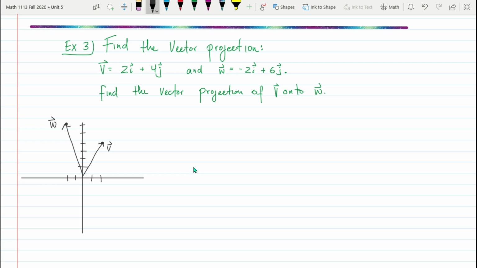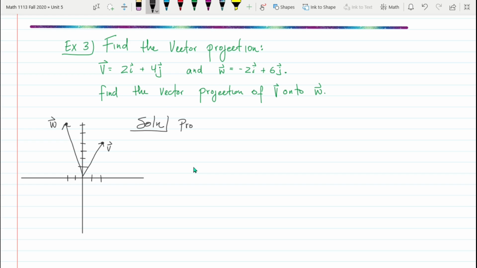If I'm looking at vector v from this direction, so that it casts a shadow that makes a right angle with vector w, we'll get the following.